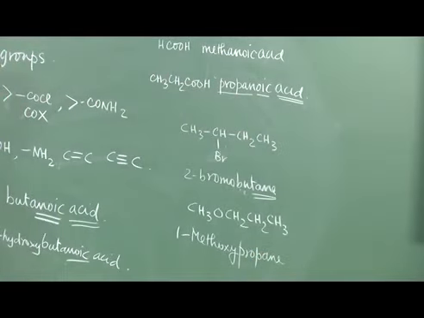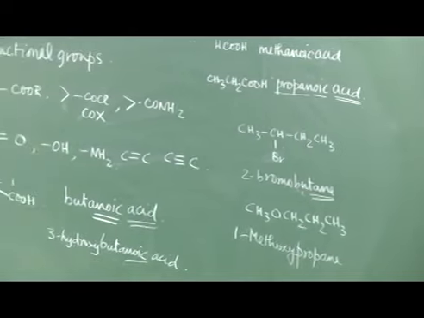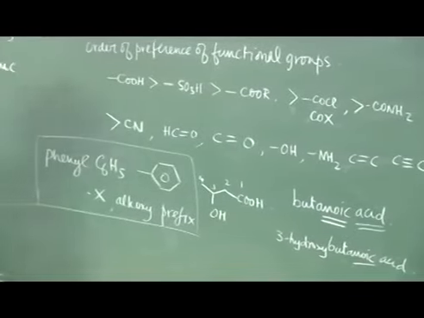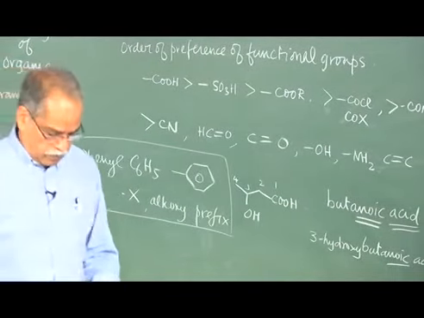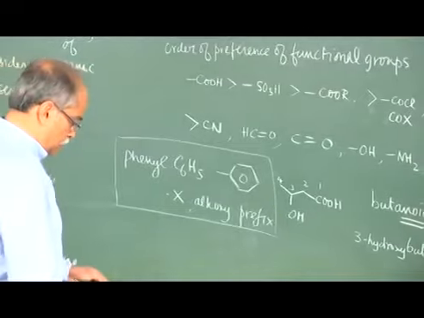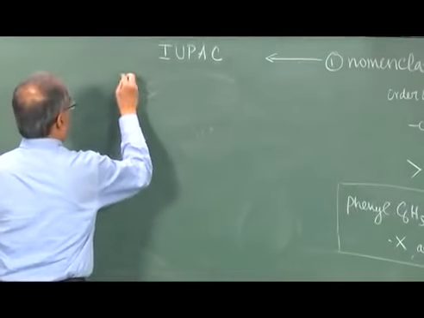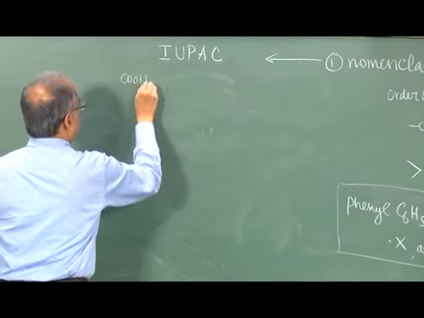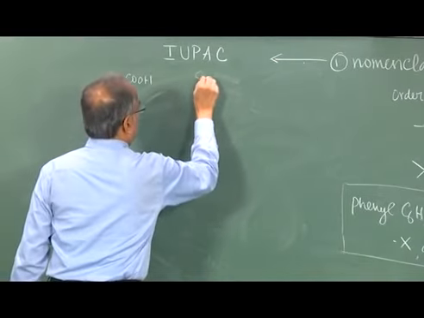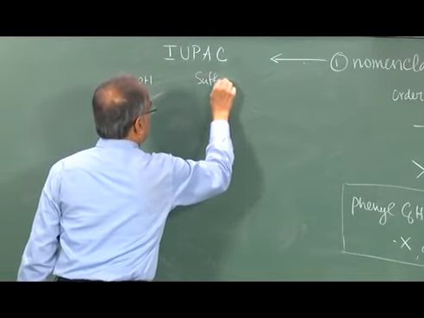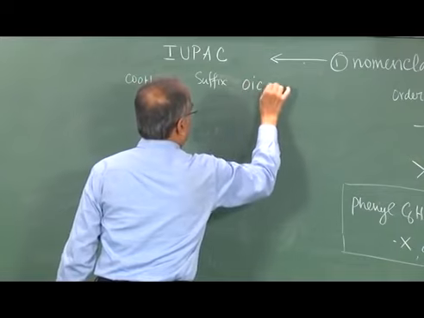So, this would be the systematic nomenclature for this one. So, these functional groups are always added as prefix functional groups and not as the suffix functional group in the systematic nomenclature. We have a carboxylic acid, the suffix is oic acid.